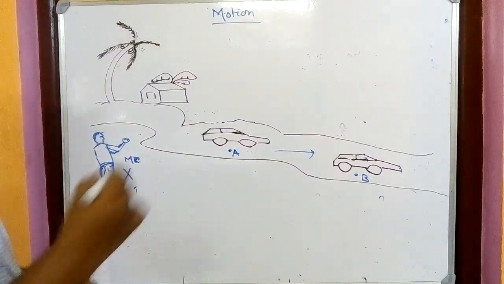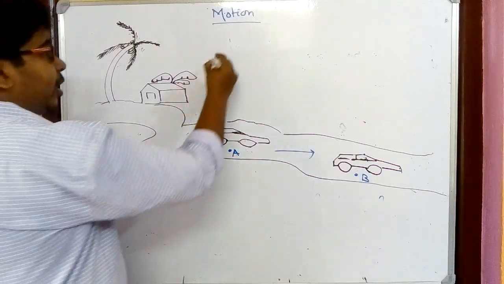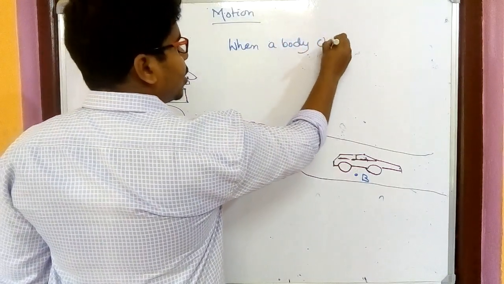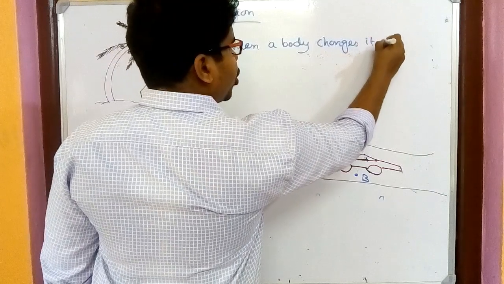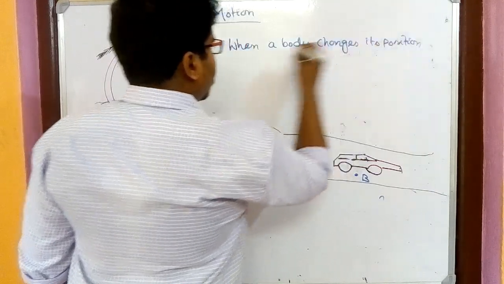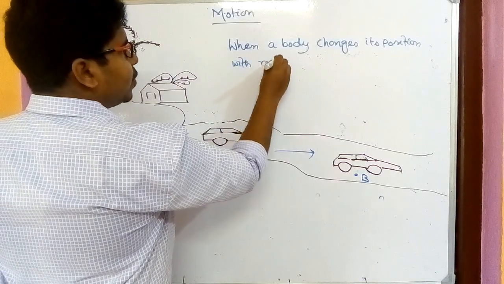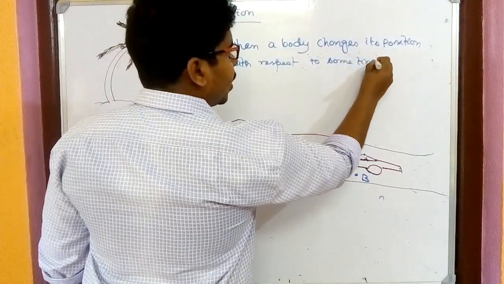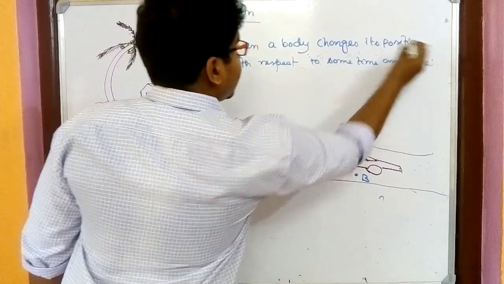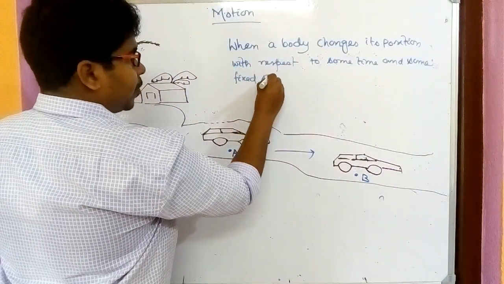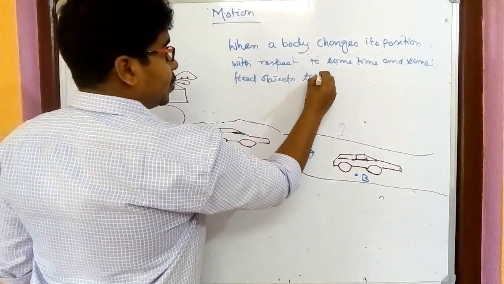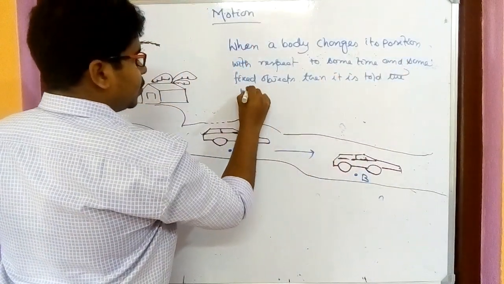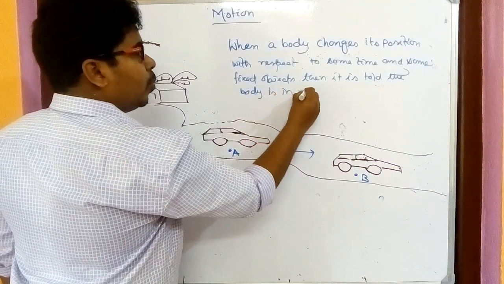If I am talking about the definition of motion, it tells us when a body changes its position with respect to some time and some fixed objects, then it is told the body is in motion.